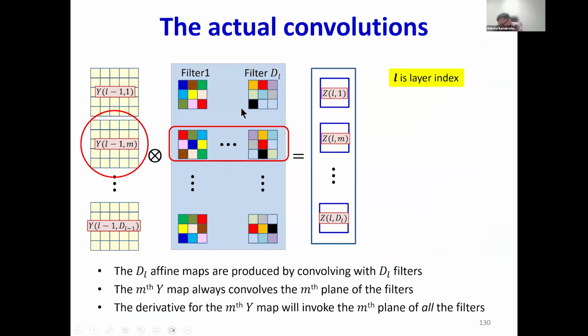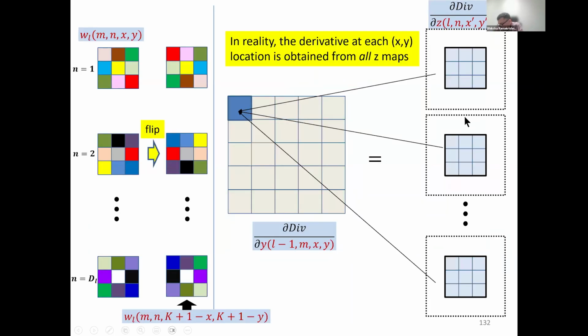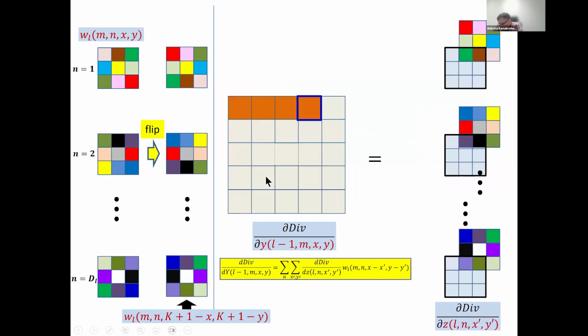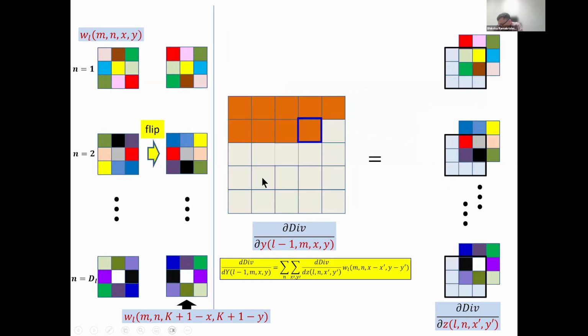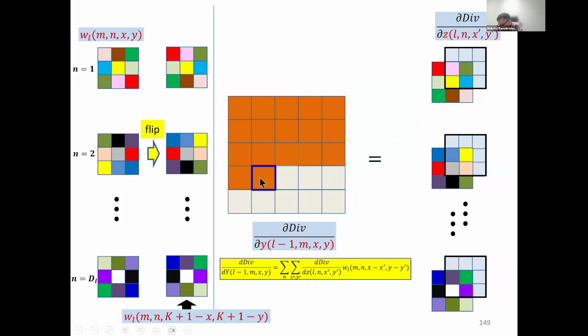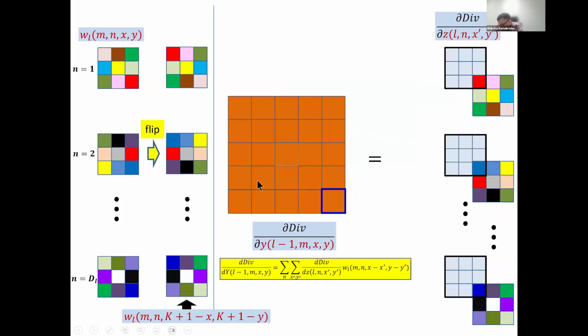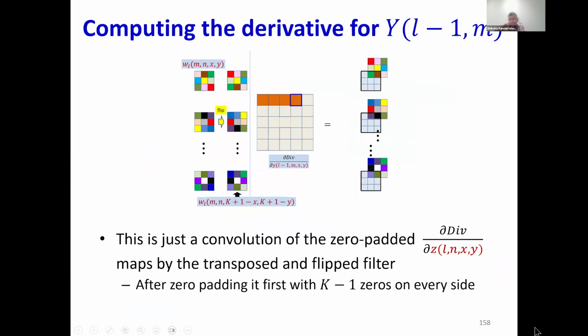So when I transpose it, it has as many channels as the number of output channels, and so I can just convolve it. And that's what is going to give me the derivative for the input channel. Did this make sense?